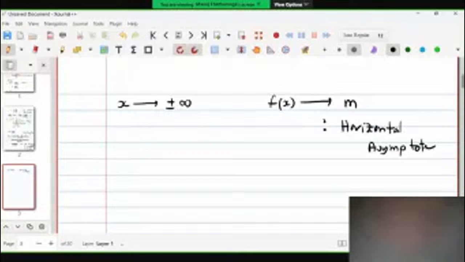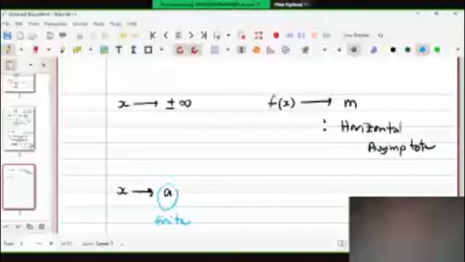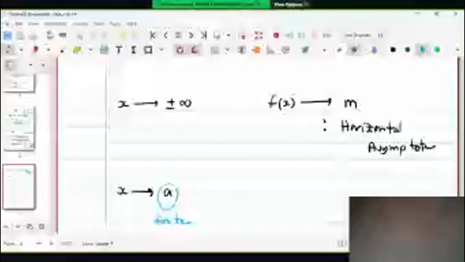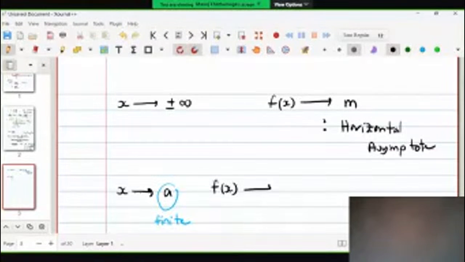Vertical asymptotes have the exact same behavior, but it looks like this: when x goes to some finite number a, where finite means it is not infinity, then the function goes to either plus infinity or minus infinity.